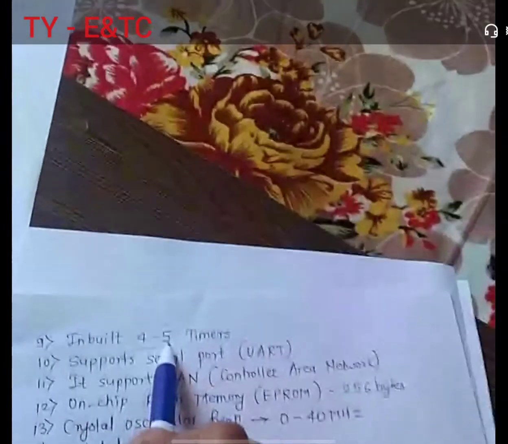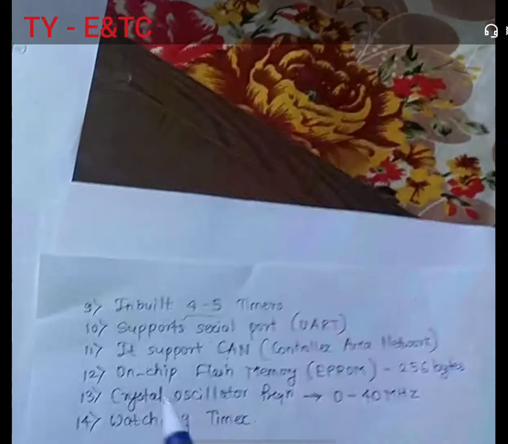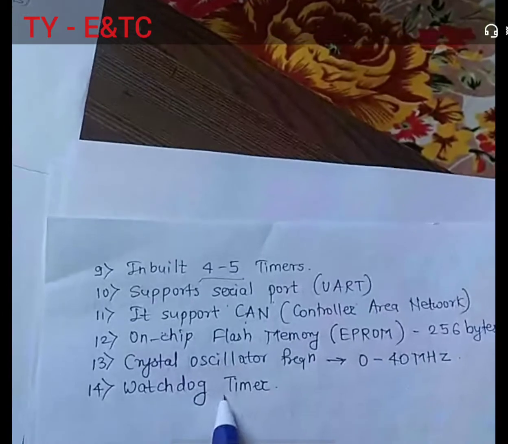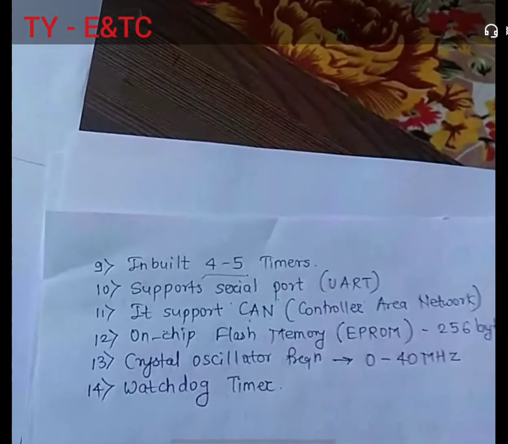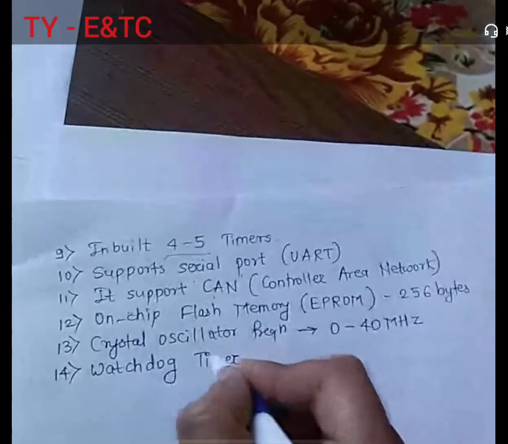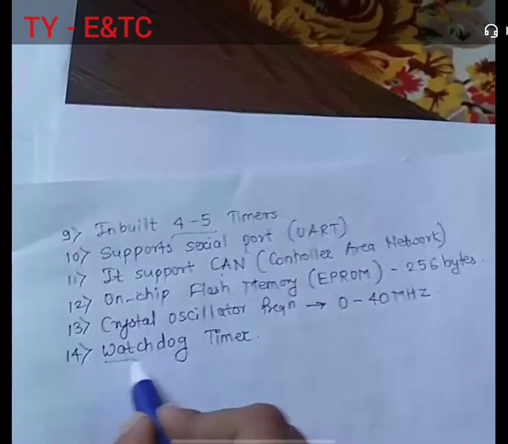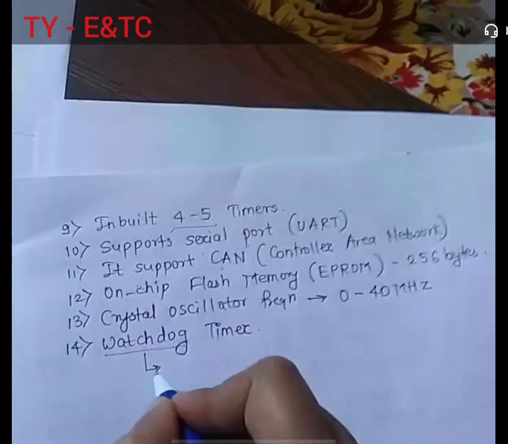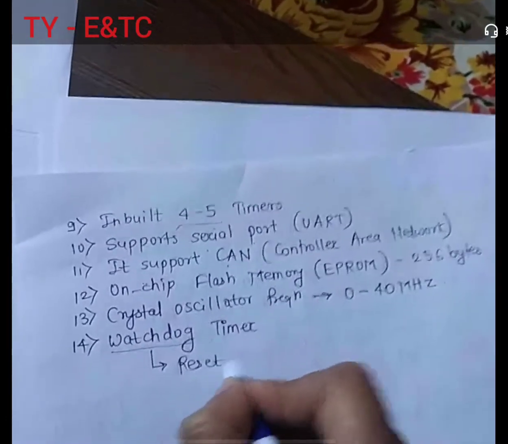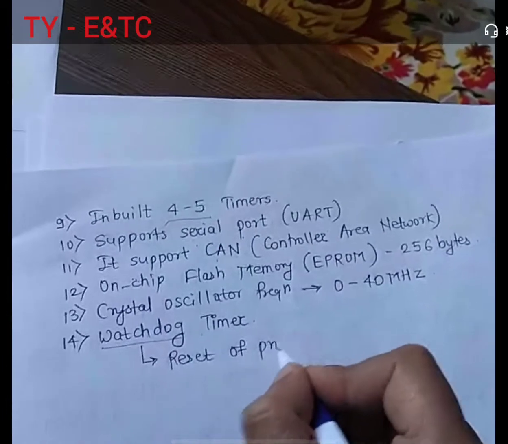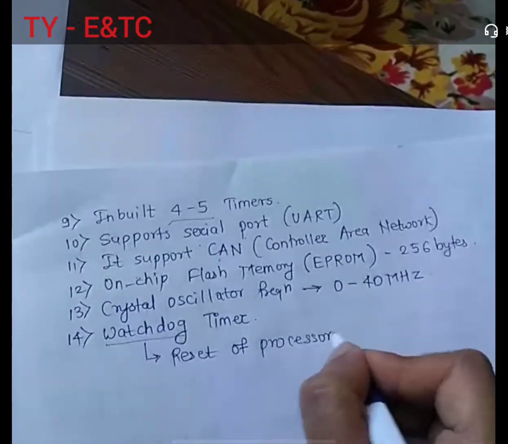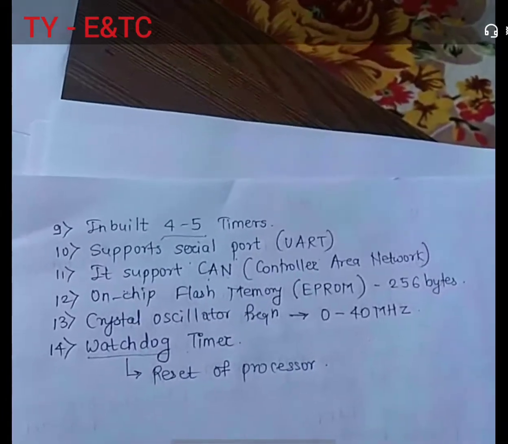The 4 and 5 timers are already there, but there is one special type of timer called a watchdog timer. See, what is this watchdog timer? You can search it on the internet also, but in short I will tell you that this watchdog timer is basically used for reset of the processor.